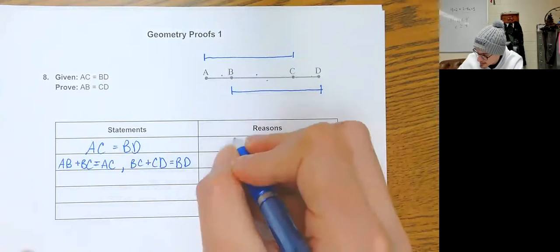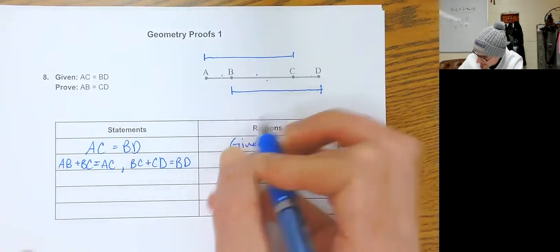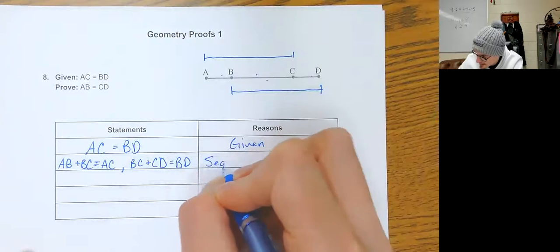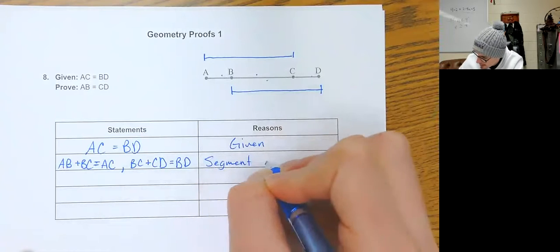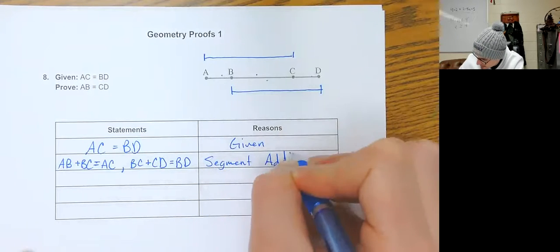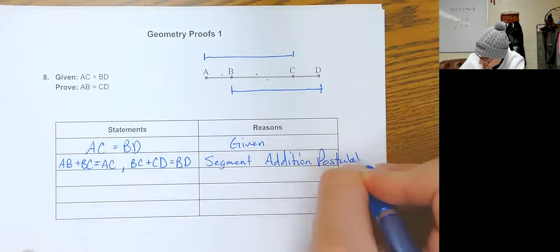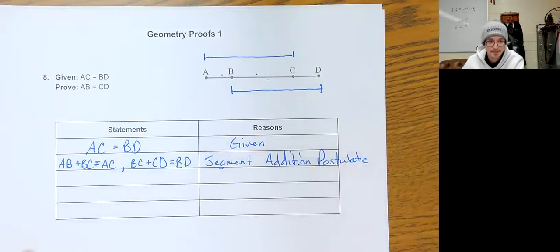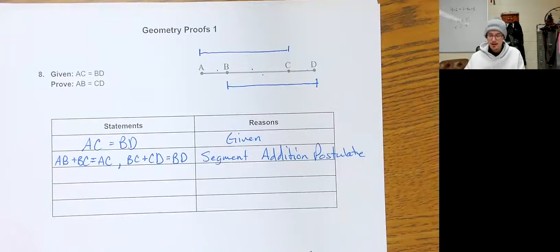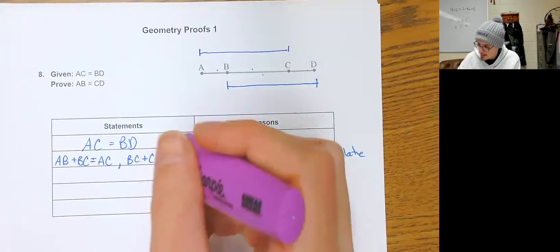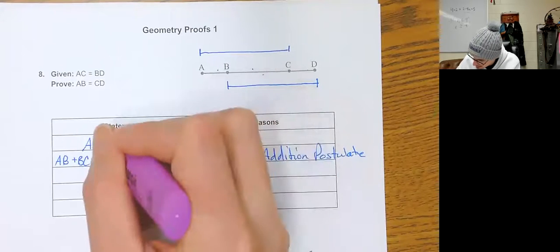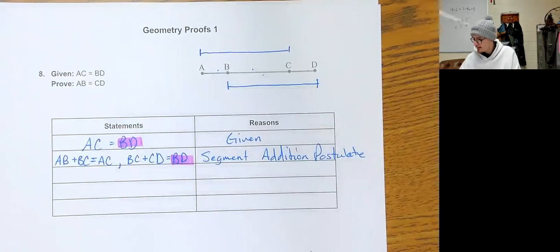All right, and that, oh, well, this is given. And this would be the segment addition postulate. All right. Well, don't I know that these are equal?